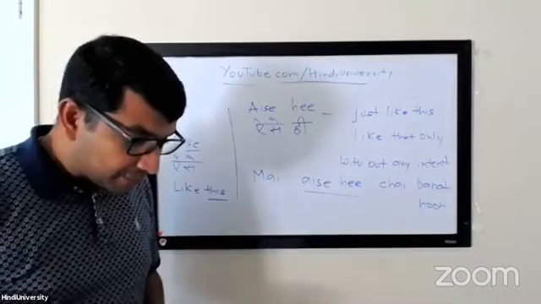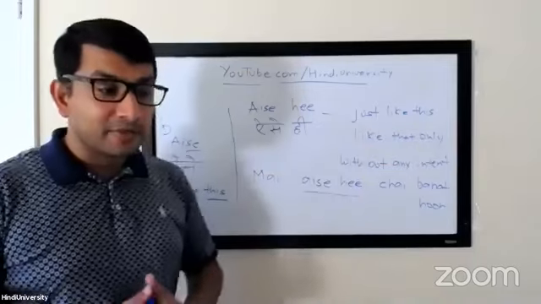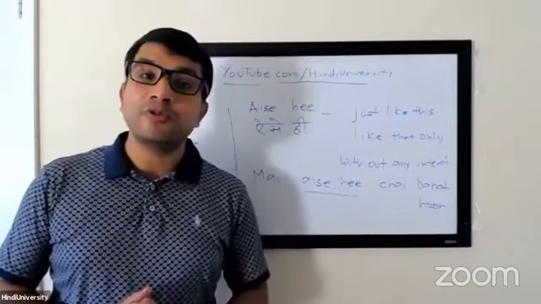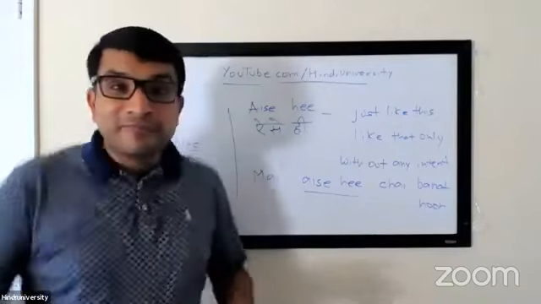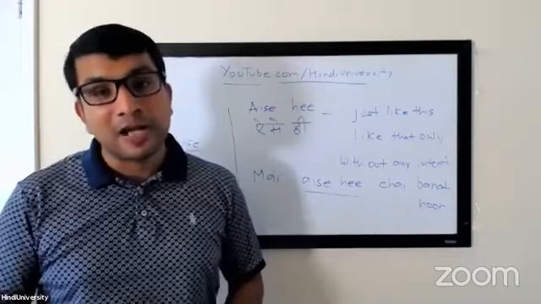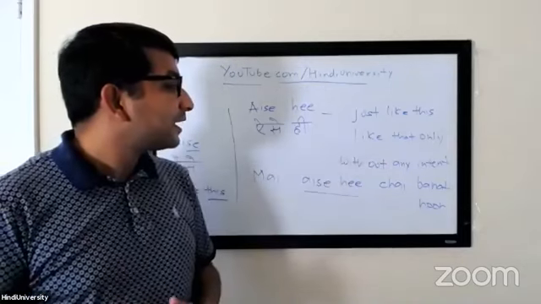Okay. It can be used independently, just like that, right? Somebody asks you, अच्छा तुम इंडिया गए, इंडिया कैसे गए? How come you went to India? ऐसे ही, just like that. I just made up my mind, and I made a trip. Okay.